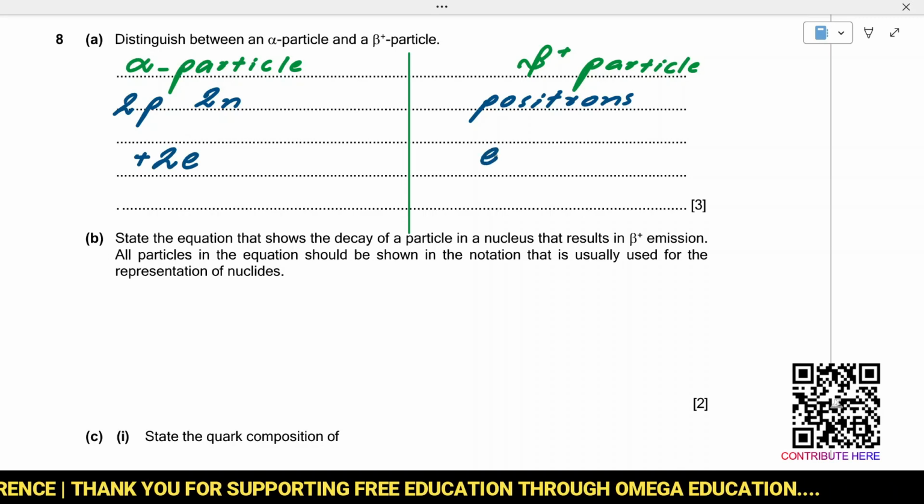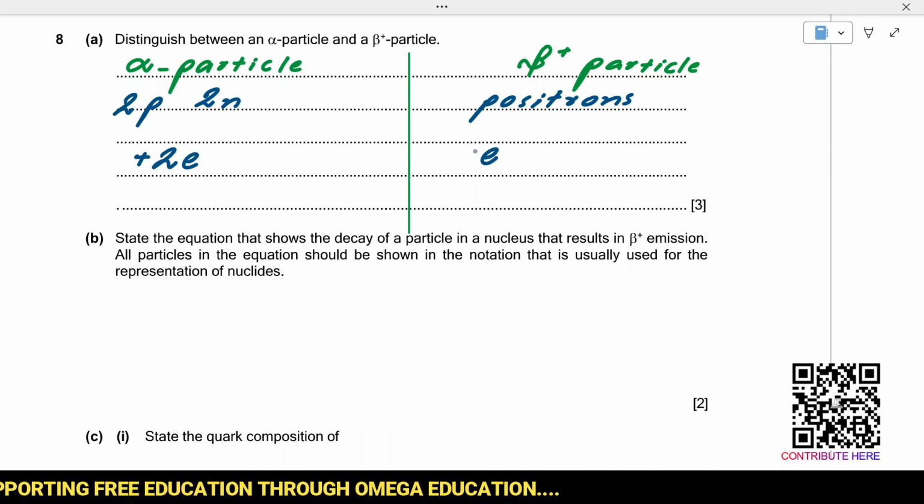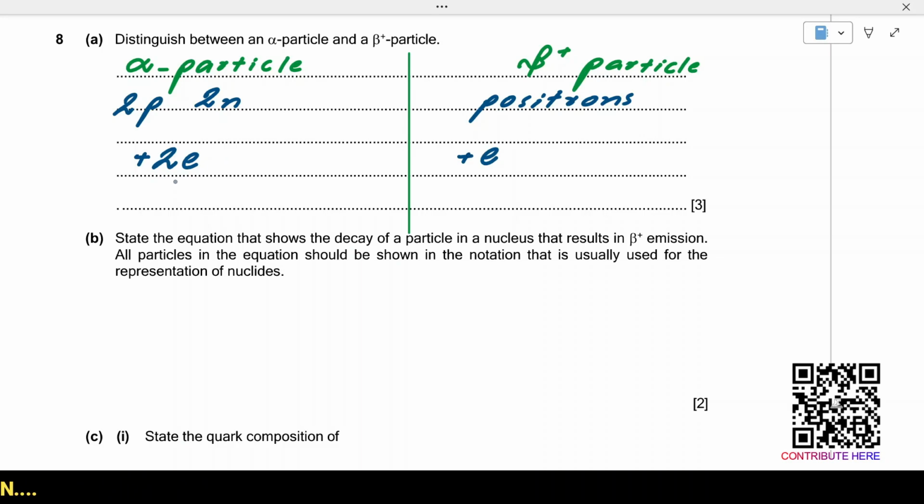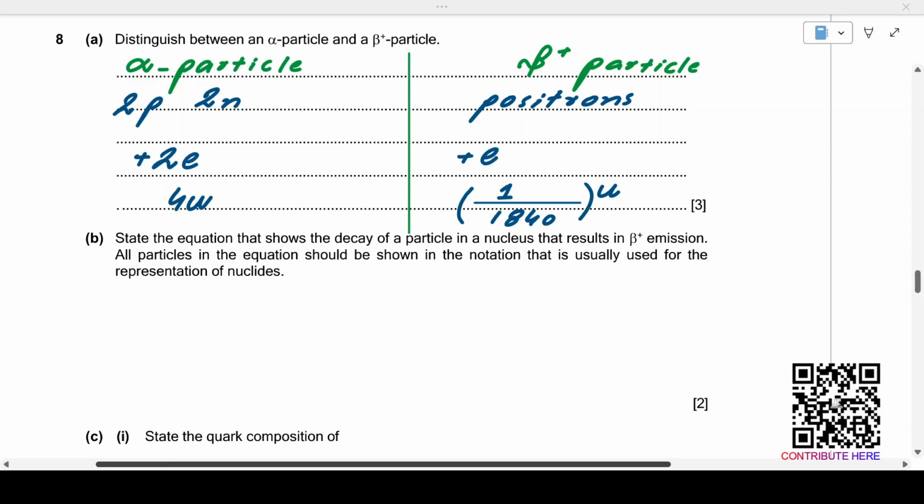Beta particles have a relative charge of plus 1e. Alpha particles have a relative mass of 4u. Beta particles have a relative mass of 1 over 1840 u. So just a fraction, approximately 2000 times smaller in mass.